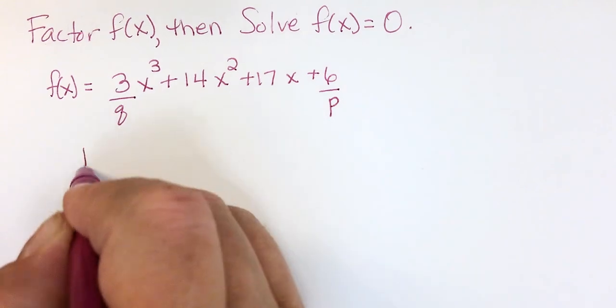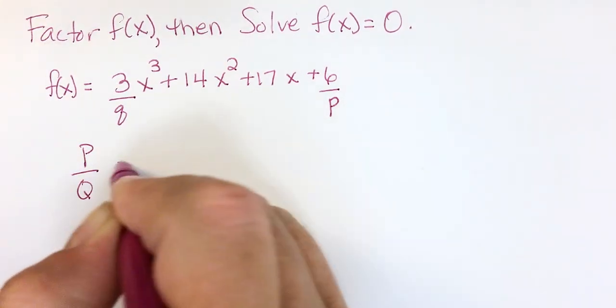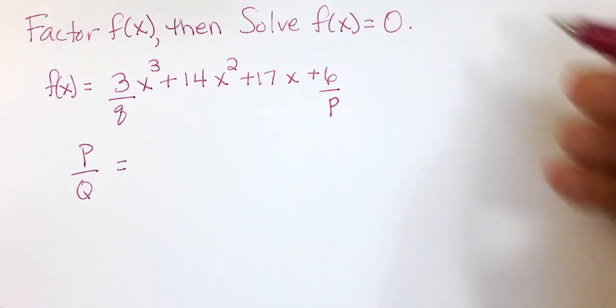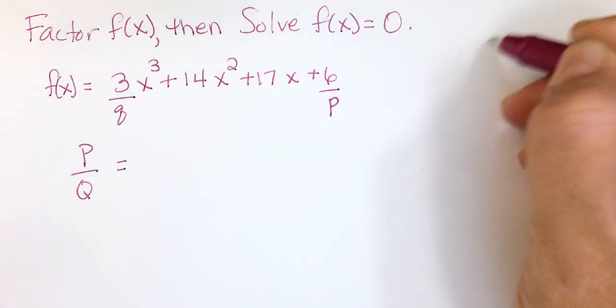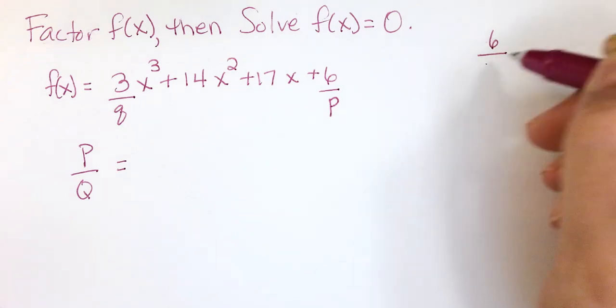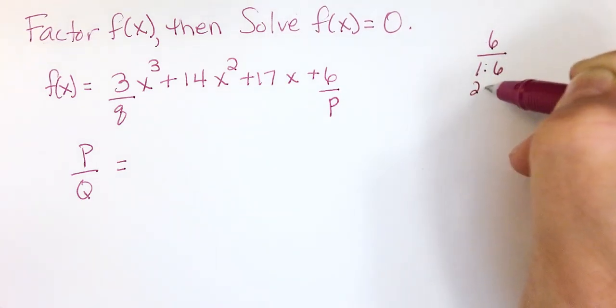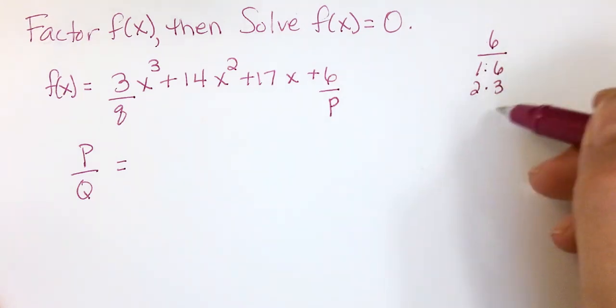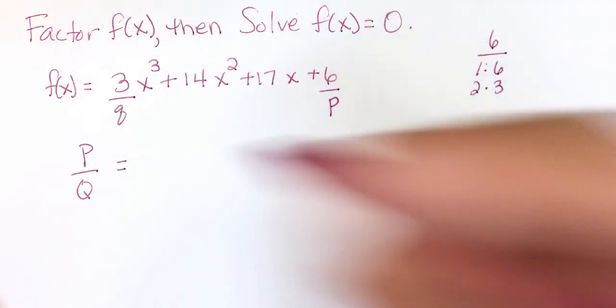So if we do P over Q, what are all the factors of 6? Here's a quick way to think of this. If I have 6 and I list all the different factored pairs, that would be 1 times 6 and 2 times 3. Those are the numbers you're going to use in this list. I like putting this in order because it makes it easier over here.